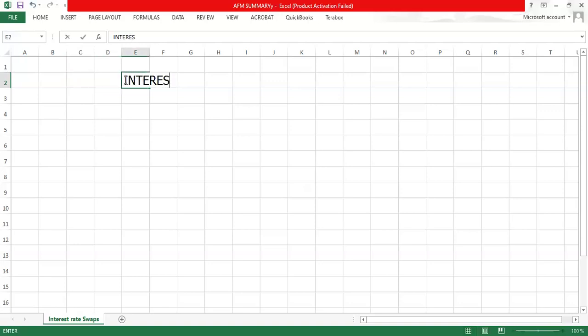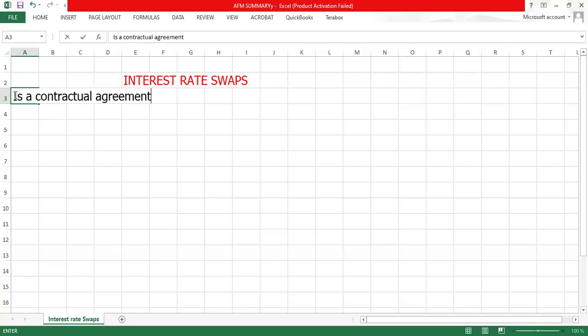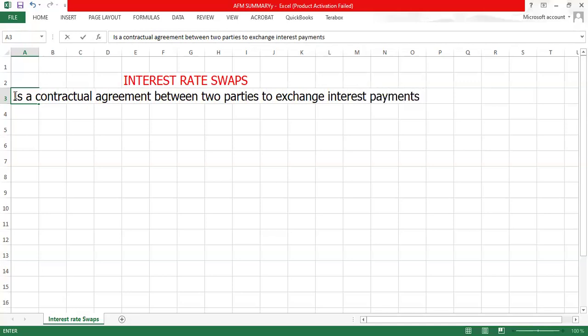Interest rate swaps is a contractual agreement between the two parties to exchange interest payments.